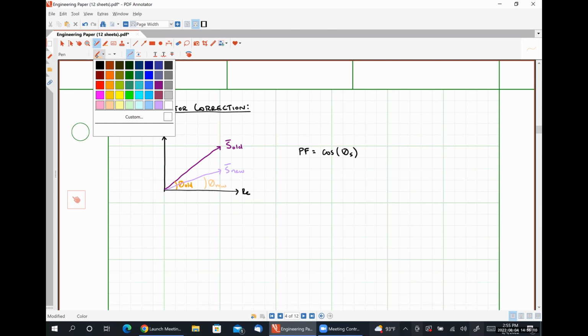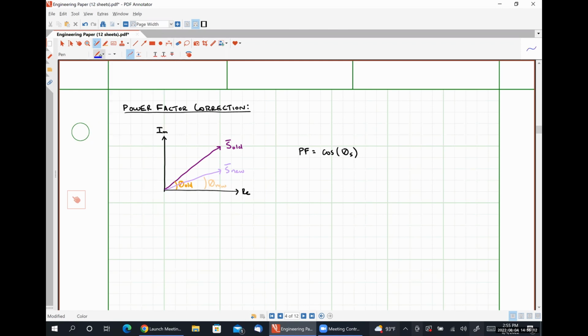So the projection of, I think I used red earlier, both of our old complex power and our new complex power on the real axis is the average power, which I'm going to call P old.